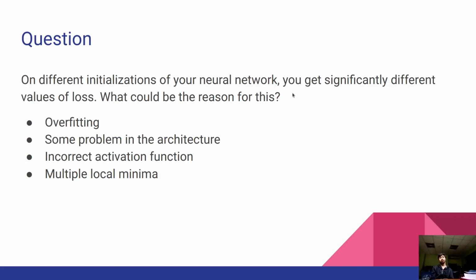But we are using the same neural network, right? Even in the first initialization, we are using the same activation function as the second neural network. So, if it is a problem for one, it should be the problem for the other also, right? So, why is it doing better in one, but doing worse in another?